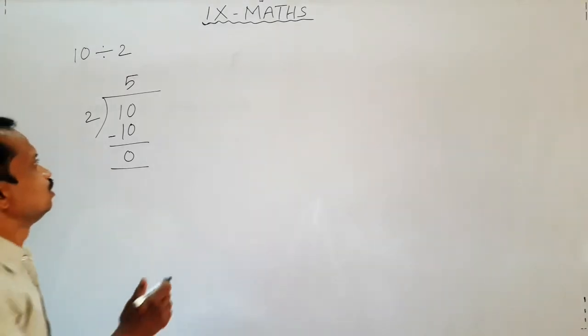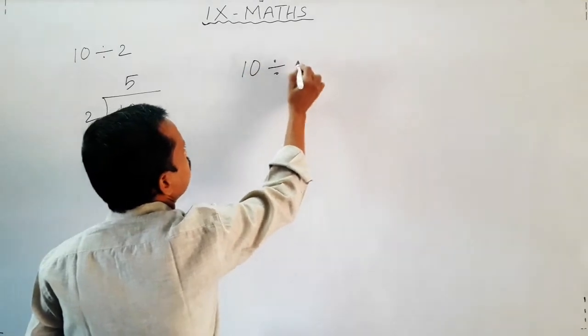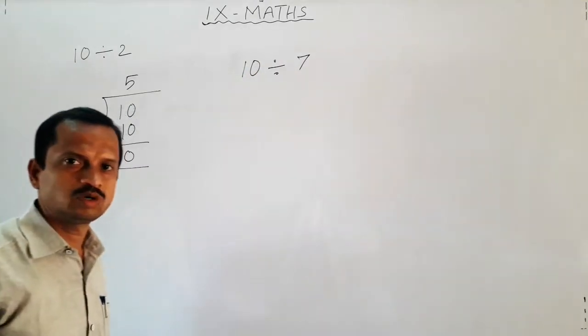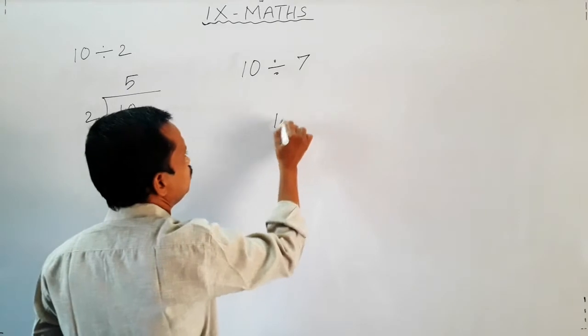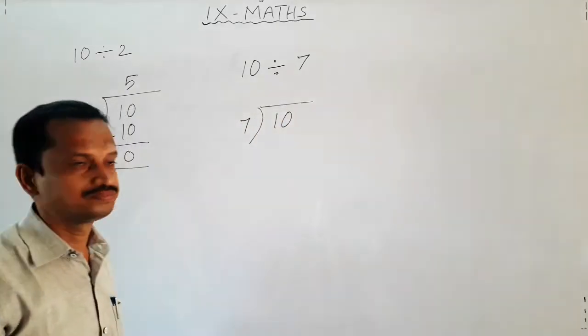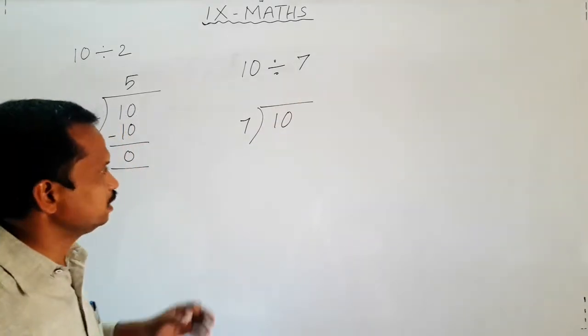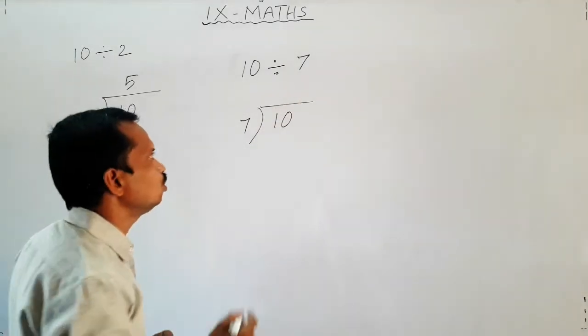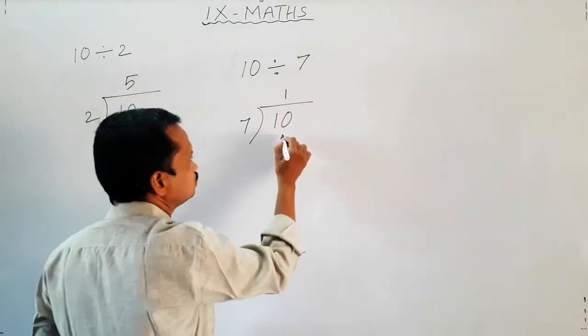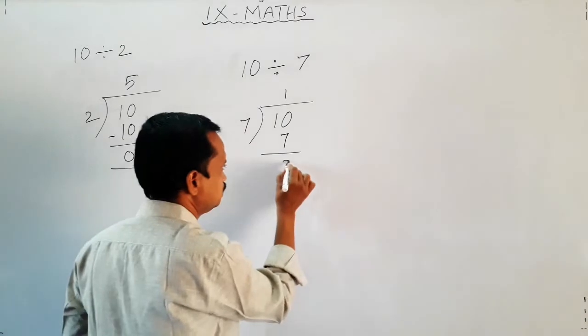Suppose 10 divided by 7. What happens? 10 is the dividend, 7 is the divisor. How many 7s are there in 10? Only 1. That we know. So 1, 7, 7 and 7. What's the remainder? 3.